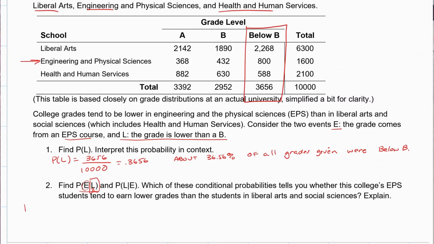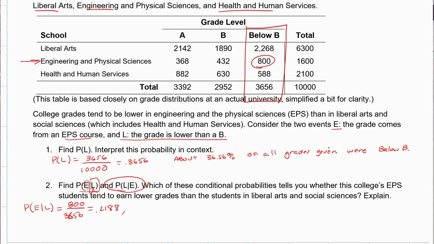So the probability that the grade comes from EPS, given that it's low, is the 800 scores from the EPS school divided by the 3,656 grades that were low, and that ends up being 0.2188.